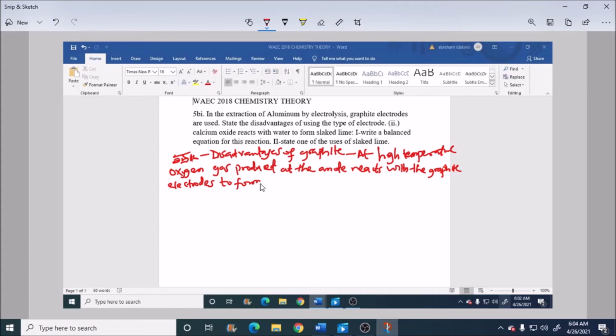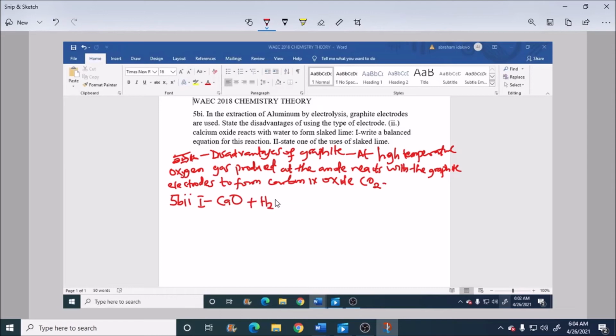Then question 5b Roman figure 2. We still have Roman figure 1 here, where we have to write a balanced equation for the reaction between calcium oxide and water.